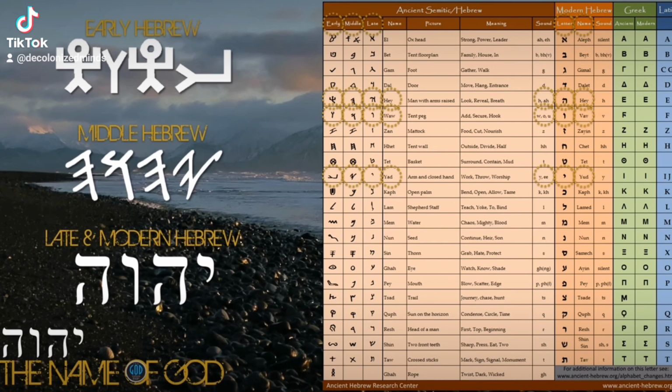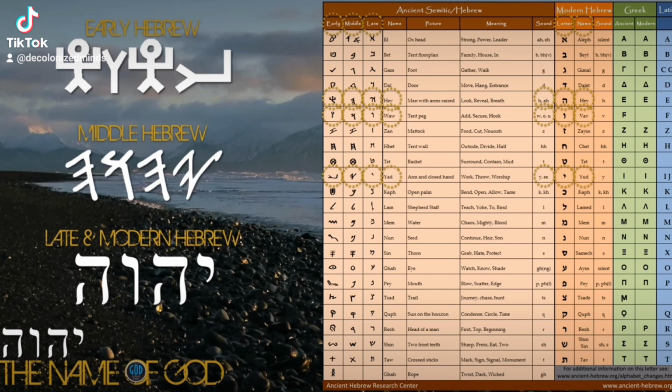You cannot always apply modern Hebrew to the sounds and letters of ancient Hebrew because they have been added to. Again, that's okay, but we need to understand when interpreting the Bible and understanding pronunciations, it's important to understand this differentiation.